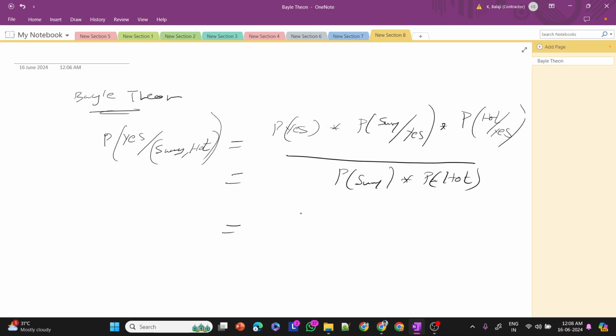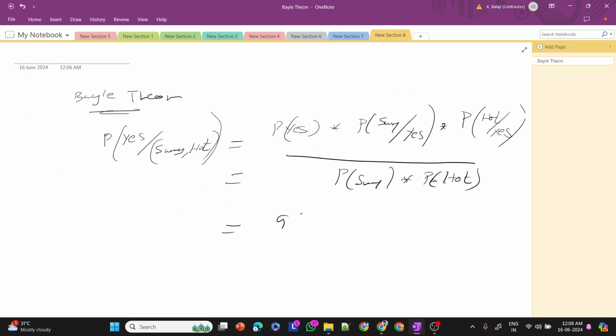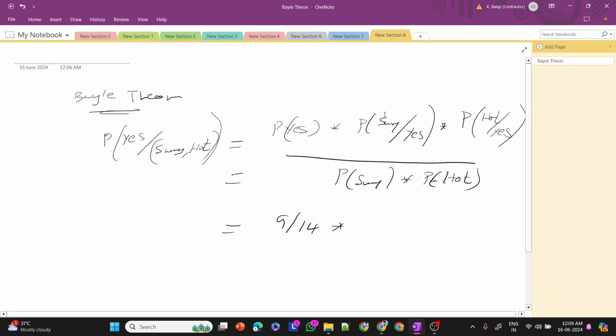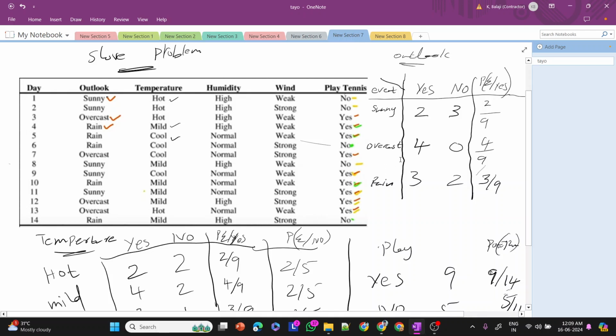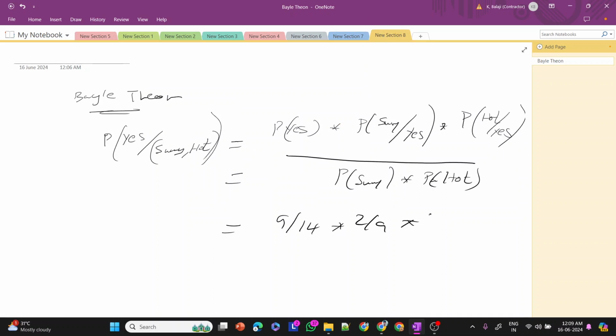Probability of S is 9 by 14, and into the probability of sunny when he played is 2 by 9, and the probability of hot when he played is 2 by 9.